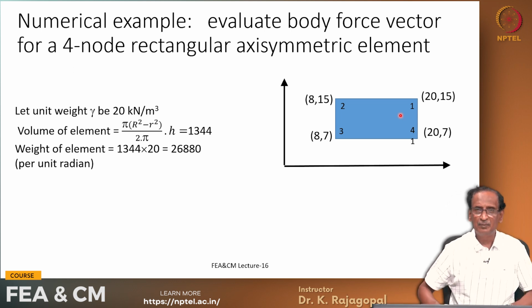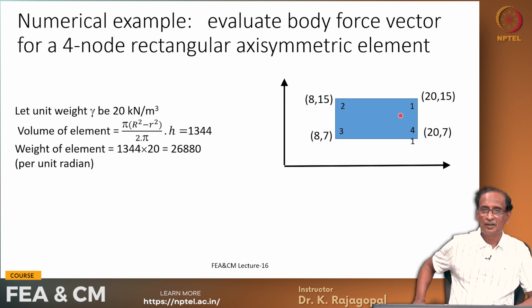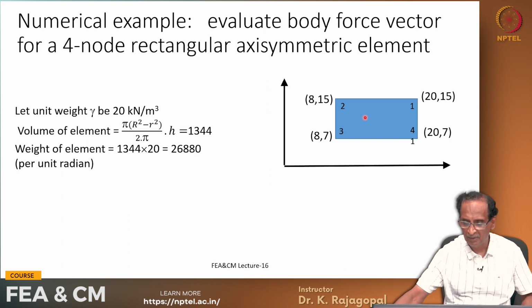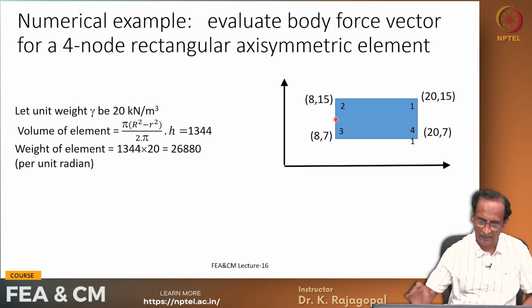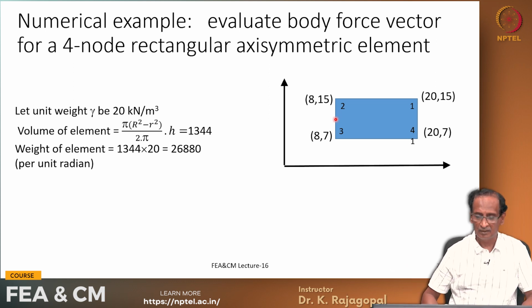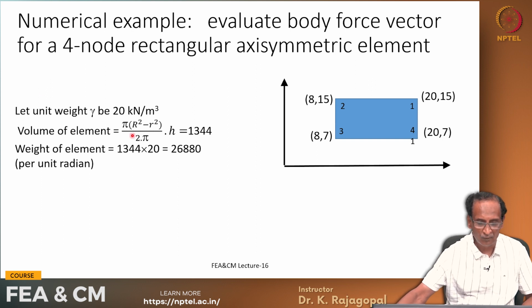Now let us do the same calculations for the axisymmetric element. Let us take the same dimensions, the same coordinates, except that now we have an axisymmetric geometry, and so the volume of this element for a unit radian is 1344.